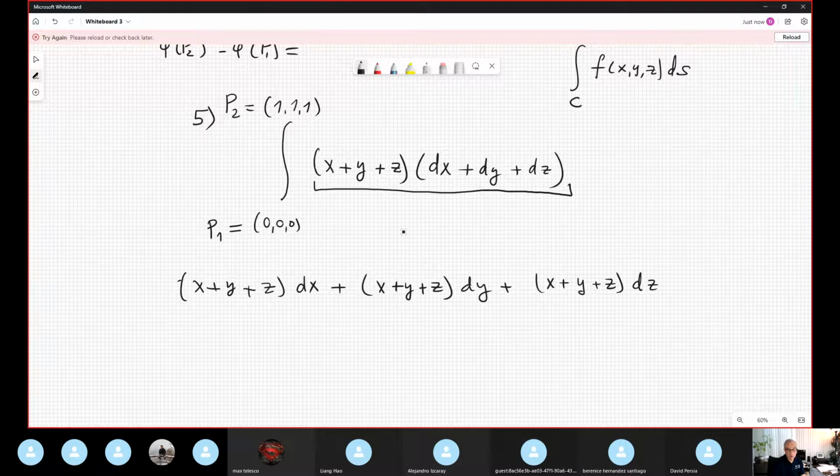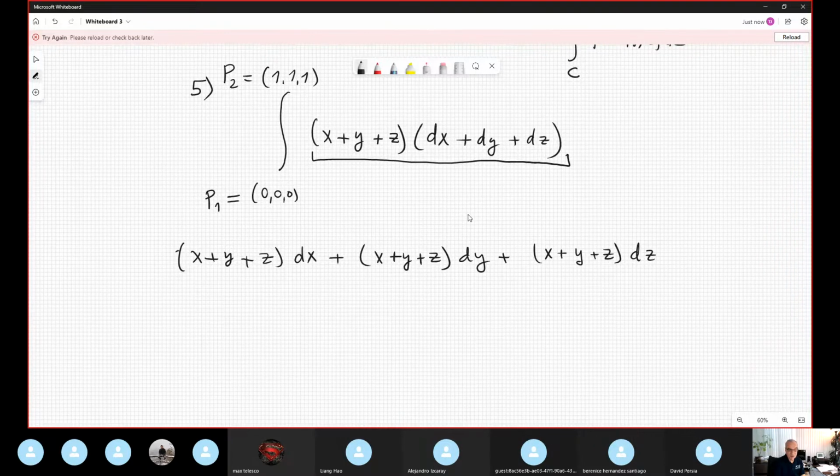Okay, because you distribute it here. Either way, you can distribute it and obtain 9 terms. But what is my goal? My goal is now to apply the basic idea of the dot product.